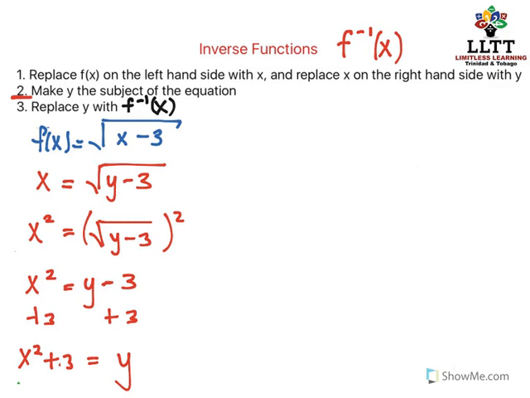So now I have y on one side, and I have everything else on the other side. So I've effectively made y the subject of my equation. And my last step is to replace y with f inverse of x. So I get f inverse of x is equal to x squared plus 3.